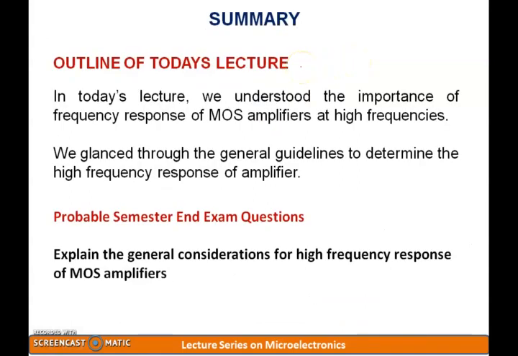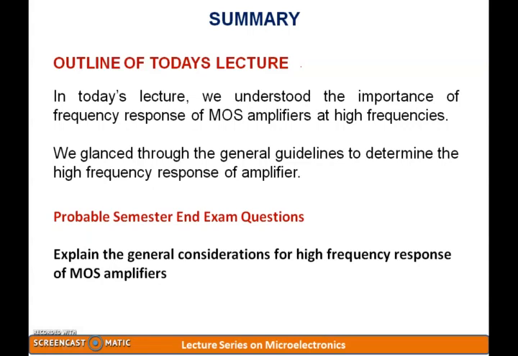To summarize, in today's lecture we understood the concept of frequency response of MOS amplifiers, specifically at high frequencies, and we figured out how one can obtain omega h using the method of transfer function. We also glanced at the different guidelines to be followed to determine the high frequency response of the amplifier, specifically with the transfer function methodology.